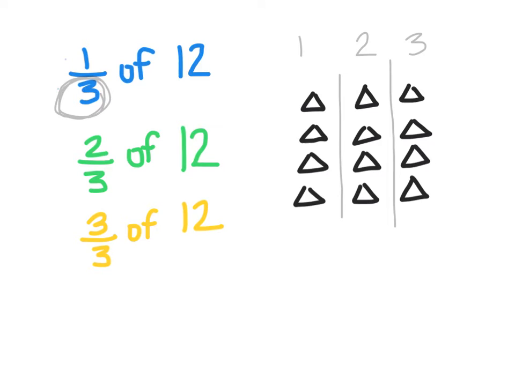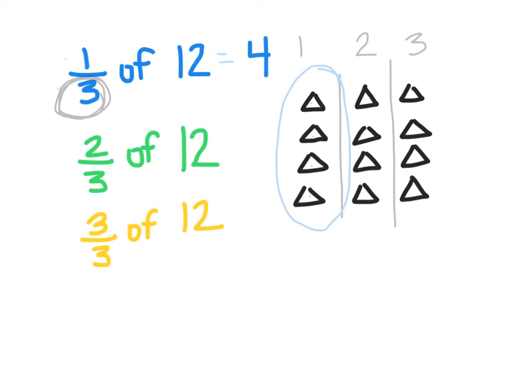So if we are looking for 1/3, it's already split into thirds. Our 12 triangles are split into thirds or 3 groups. We are going to just look at 1/3. How many triangles do we have in 1/3? 1, 2, 3, 4. 1/3 of 12 is 4.